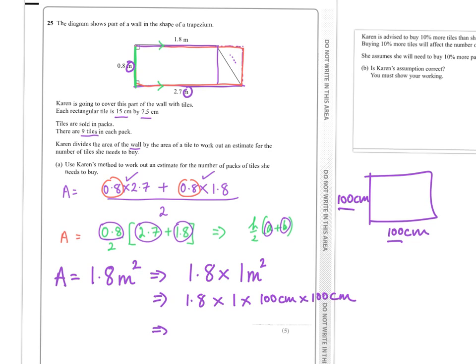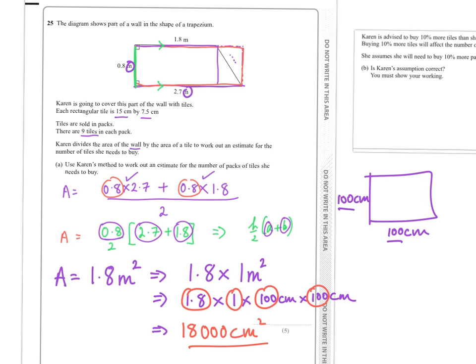So on your calculator, if you just multiply 1.8 by 1 by 100 by 100, we can do that now. You don't have to do any guessing, just put the numbers in. 1.8 times 1 times 100 times 100, and we get 18,000 centimetre squares. That's the total area of the wall.